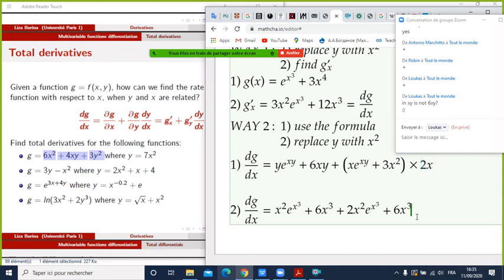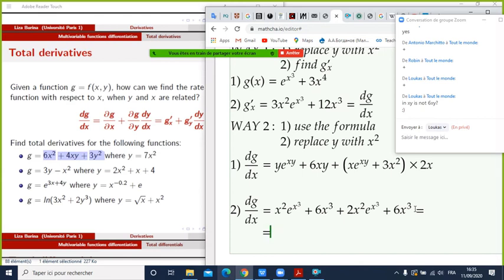Okay, great. We can see obvious potential for simplification. Okay, now it's straight.